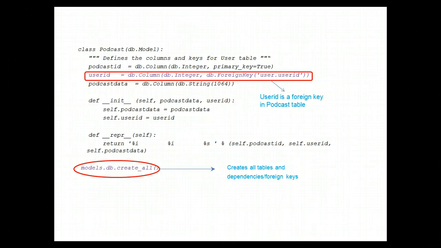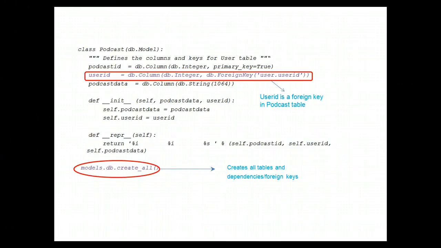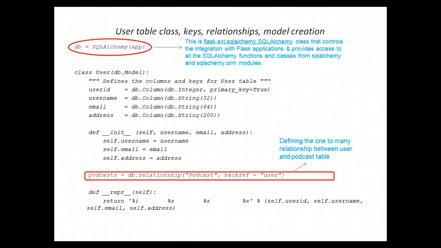So similarly for the podcast class, and one thing to note is that we have to define the primary key, and since user ID is a foreign key in the podcast table, we define that as the foreign key here, and that is how you define a foreign key. Another thing to note is that if two tables have a relationship, then we can define the relationship between classes as db.relationship.